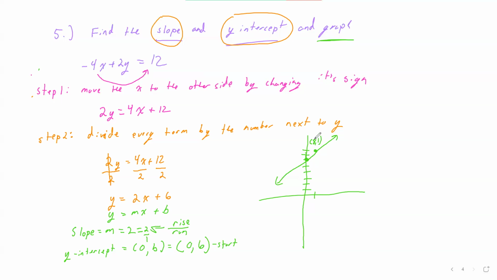Correct. So from the origin, I would go up 8 over 1 to get to that point. But to get to that point, I went from where I started and I rose 2 more points and ran 1. That's just where I failed.